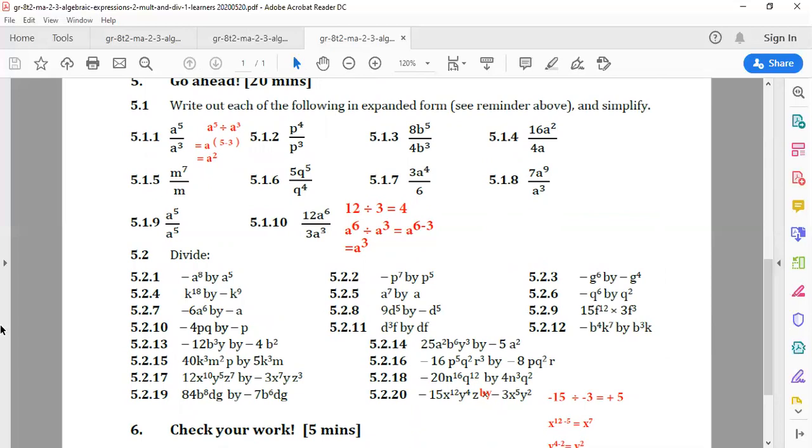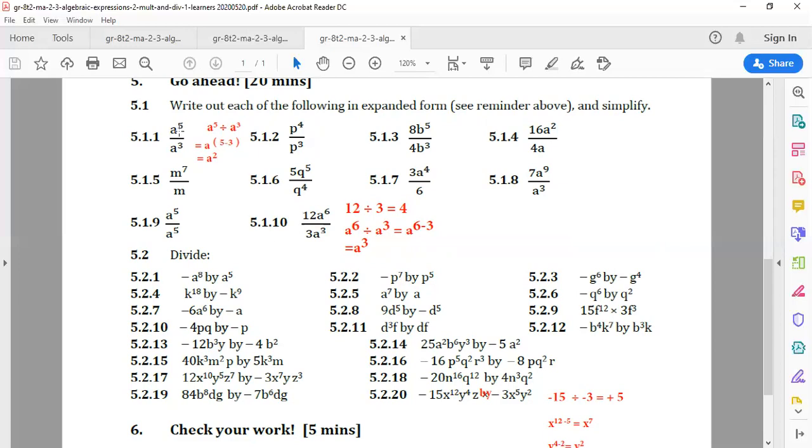From your resource pack in lesson 4, a to the exponential 5 divided by a cubed. Again, the method is, because the base is the same, when you are dividing exponents, you are actually subtracting the exponential numbers.